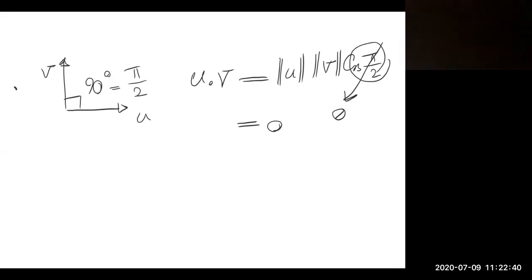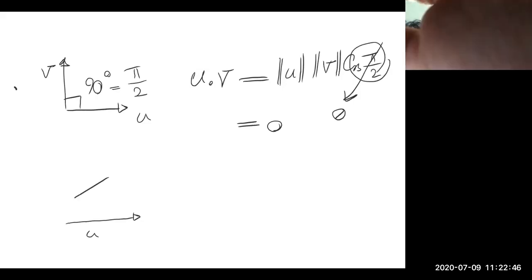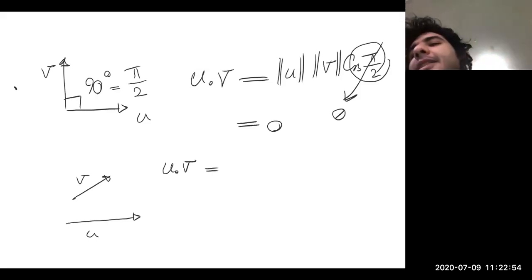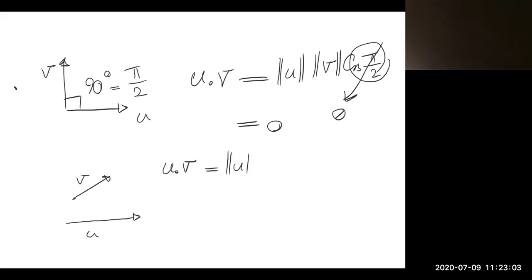And that's important. So when we have two vectors u and v, the inner product would have its largest value if the angle between them is 0, because the inner product of u and v is the length of u times the length of v times cosine of theta.